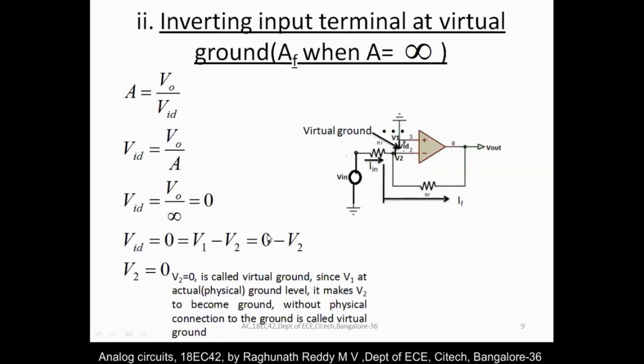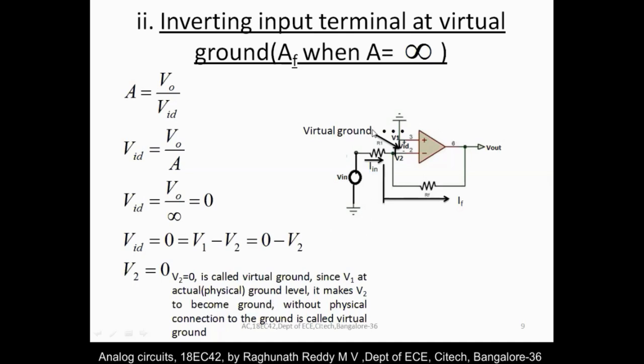V1, the non-inverting terminal, is physically connected to ground, so V1 is 0. If V1 is 0, it will make V2 0 without any physical contact. It means that V1 will make V2 become ground, that is called virtual ground. Since V1 is at physically grounded level, it makes V2 become ground without any physical connection, hence the name virtual ground connection.